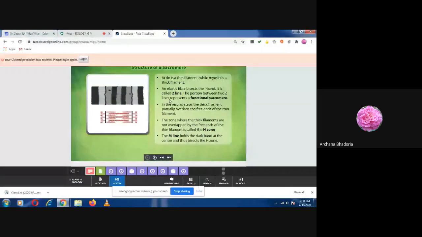Now understand that in the center of the I band there is a Z line. In the center of the I band, which band is it, dark or light? Light.